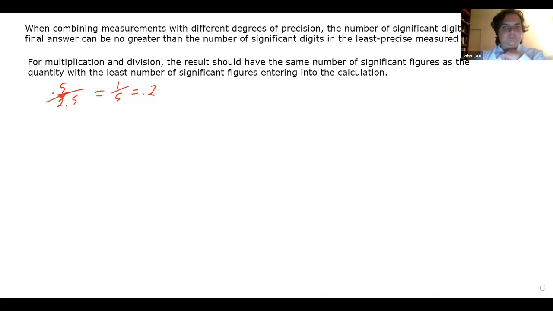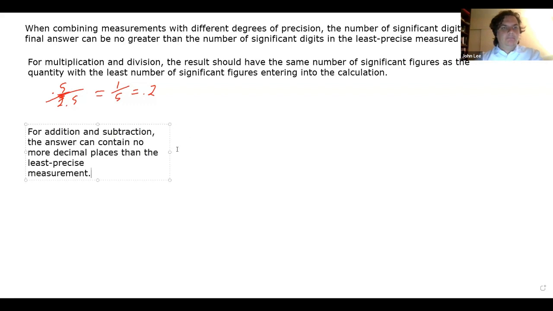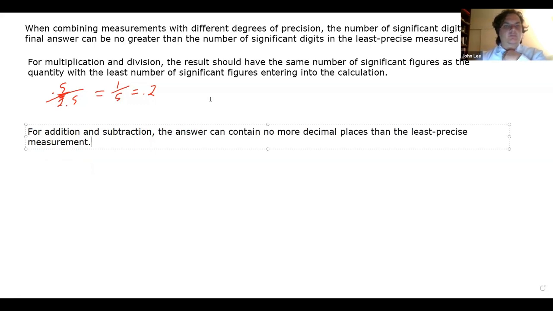And then when you're doing addition or subtraction, you have to go to the decimal point of the less precise value. So if you have 7.507 plus 0.2, then you can only go to 7.7.